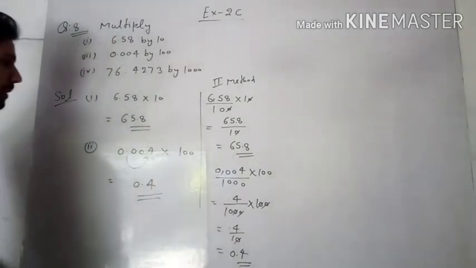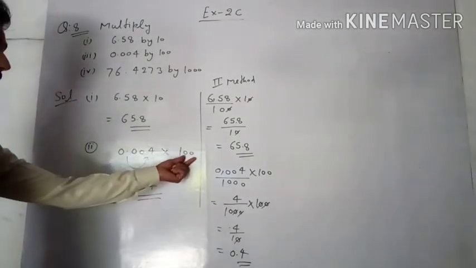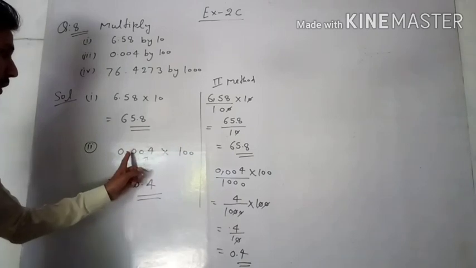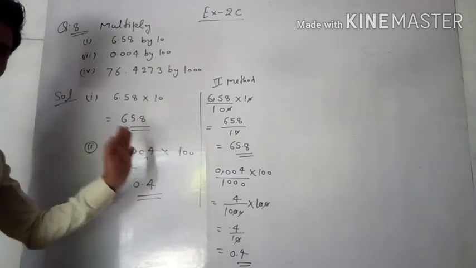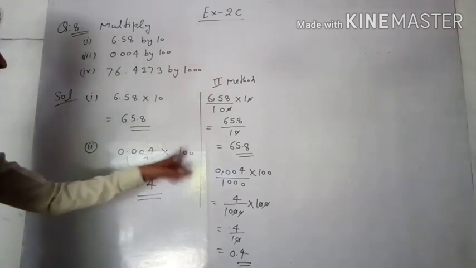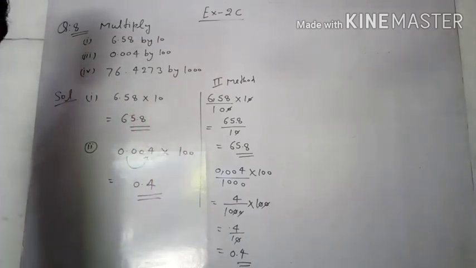Any method you use is easy. How many zeros are there? So the decimal shifts by the number of places according to the zeros.